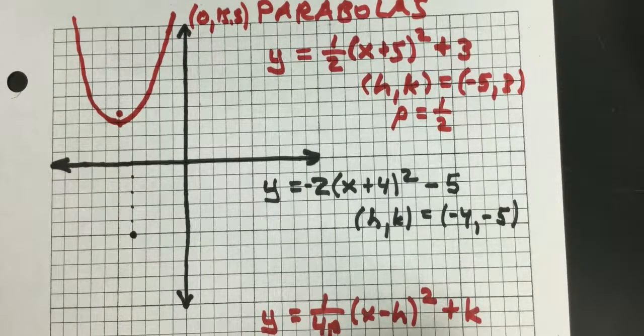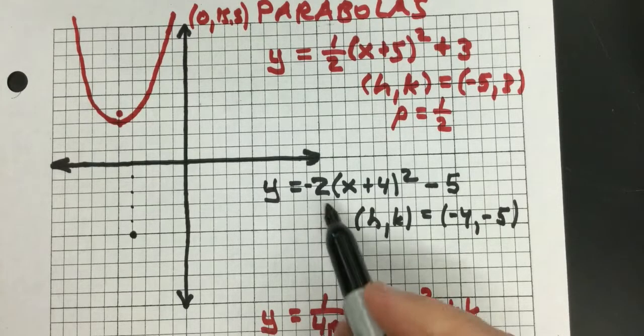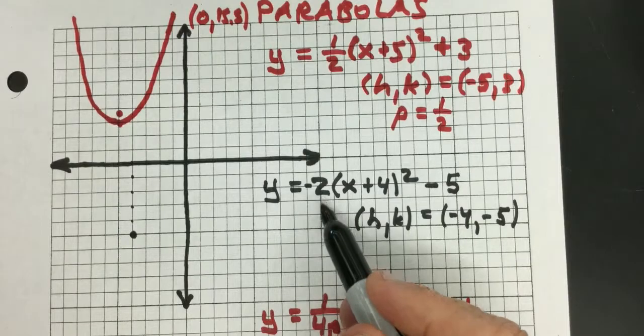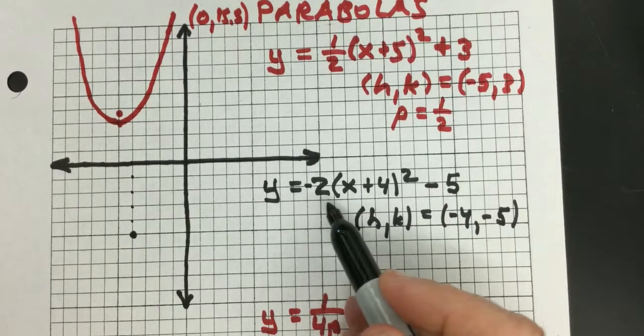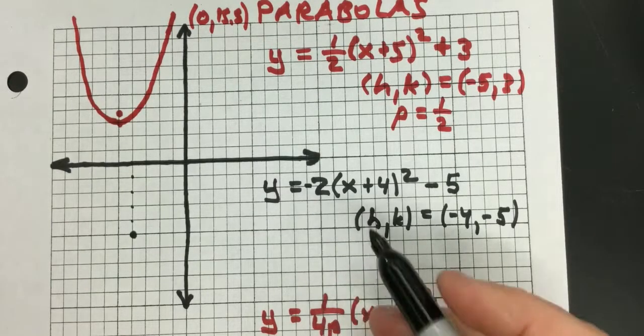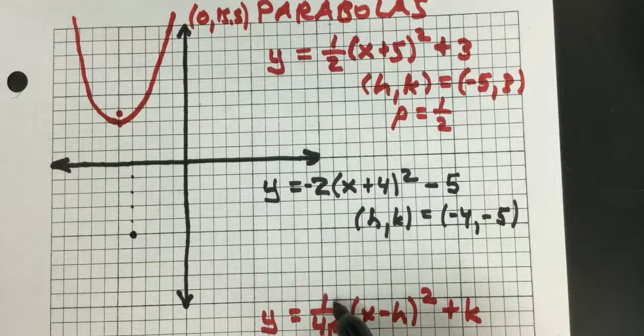Likewise, we can find this p-value. So 1 over 4 times mystery number needs to be equal to -2. And so it looks like we want this 4p, this bottom number here, to be -1/2. So 4 times a mystery number will get you to -1/2.